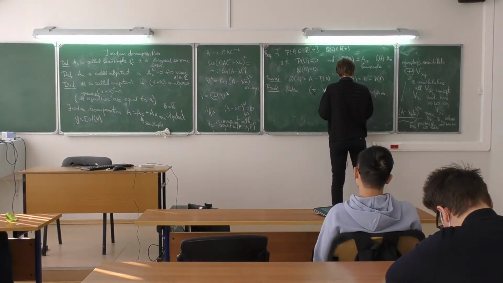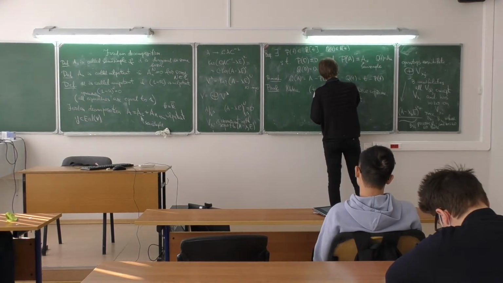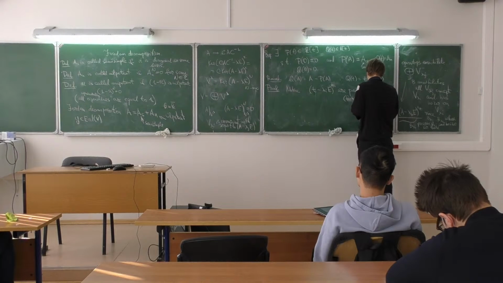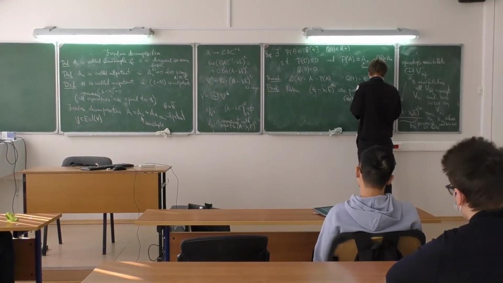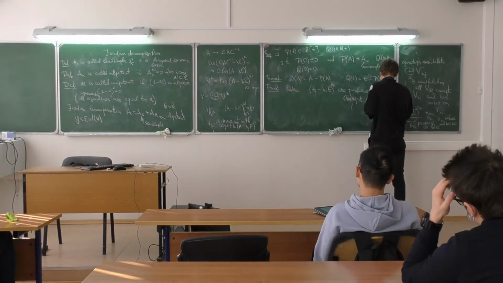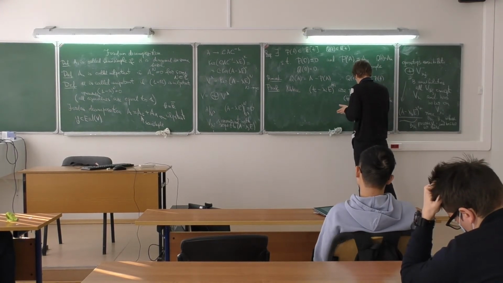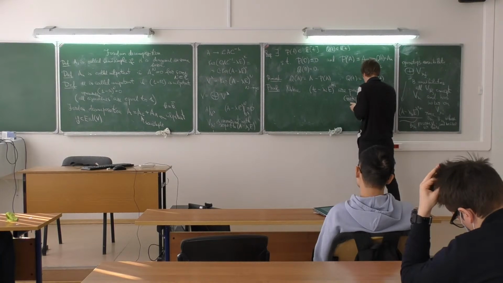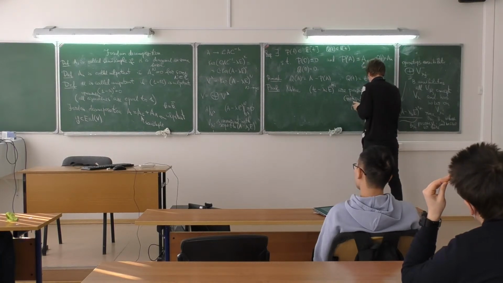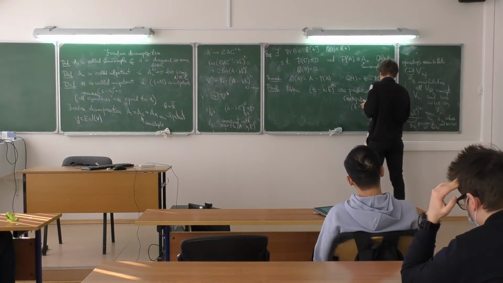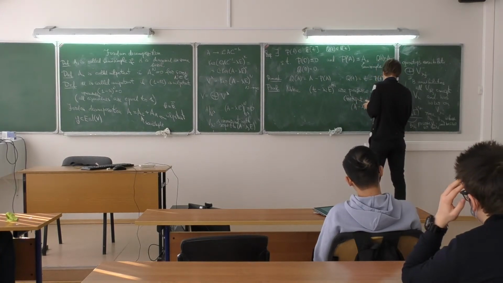Let us call it M_i. For M_i, put the minimal value where the kernel of (A minus lambda_i I_E) to the M_i is equal to the kernel of (A minus lambda_i I_E) to the M_i plus 1.